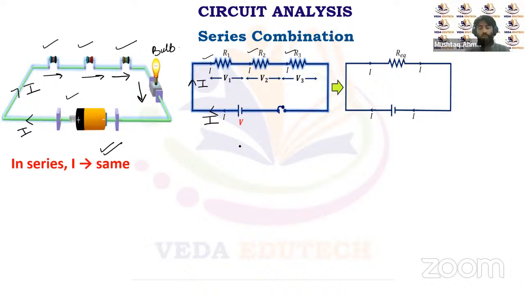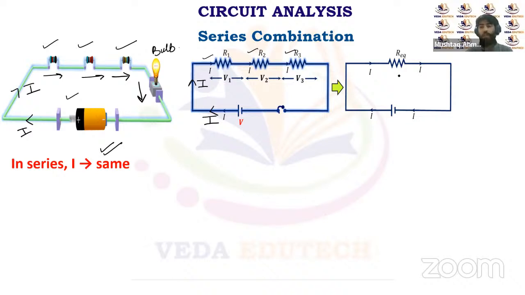But we want to replace all these three resistors, or more than three resistors, sometimes two resistors, sometimes five resistors which are in series, with a single resistor, such that there is no change in the electrical effect or no change in the current drawn from the battery.